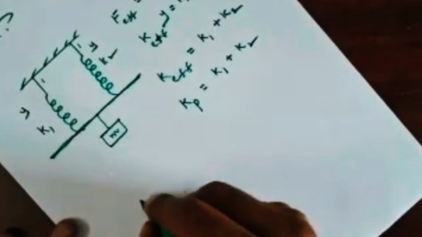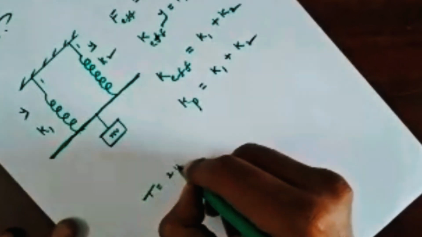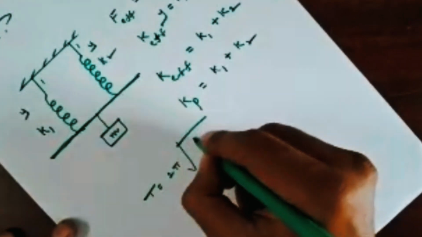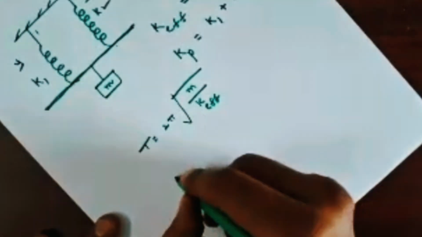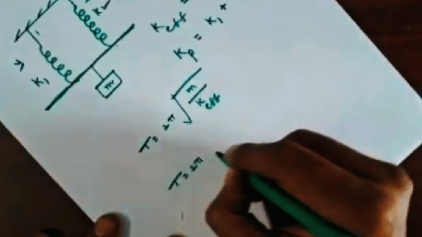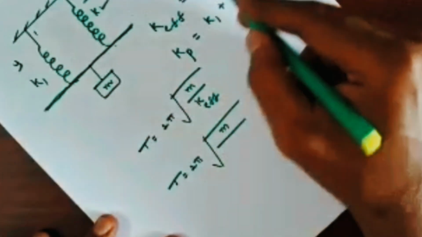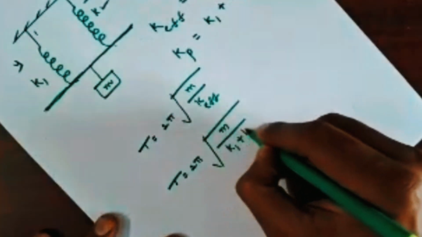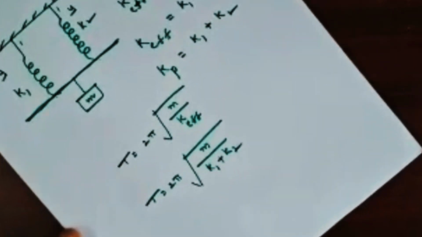Now time period. Time period T is equal to 2 pi root over m by K effective. Then T is equal to 2 pi root over m by K effective, which is nothing but K1 plus K2. That itself is the effective force constant in parallel combination.